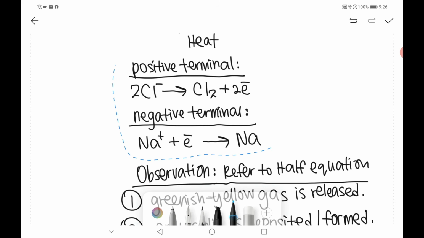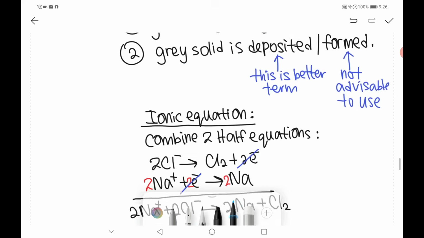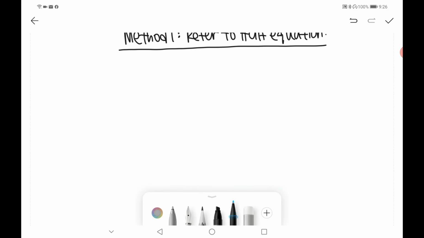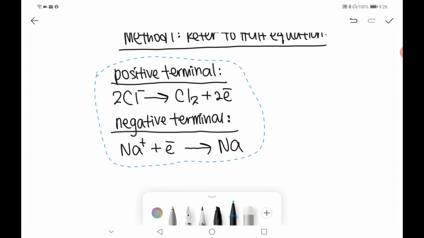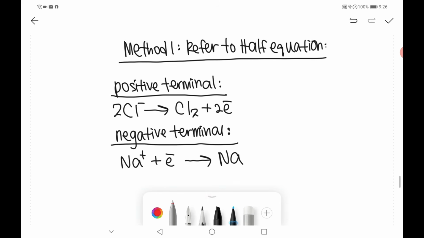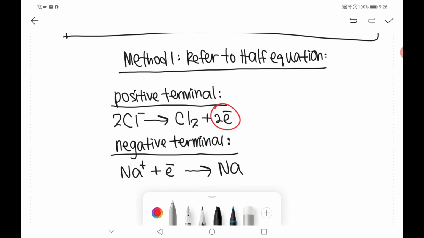We copy this one, and I'll show you how to decide anode and cathode using a simple idea. So we refer to the half equation and we see whether it's donate or receive electron. As you can see, in the first half equation the electron is on the right hand side.